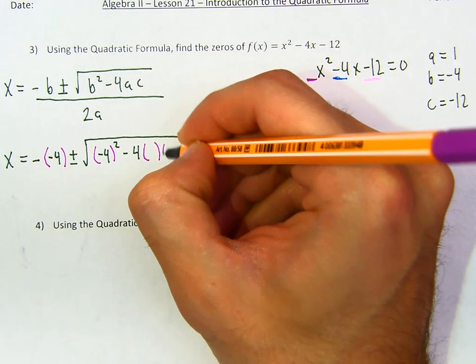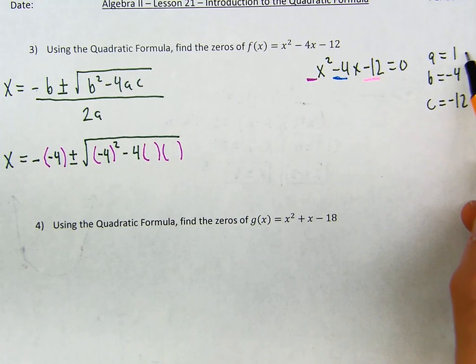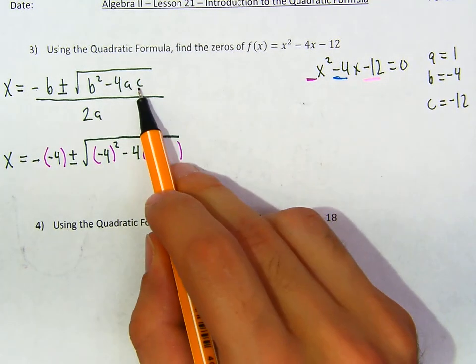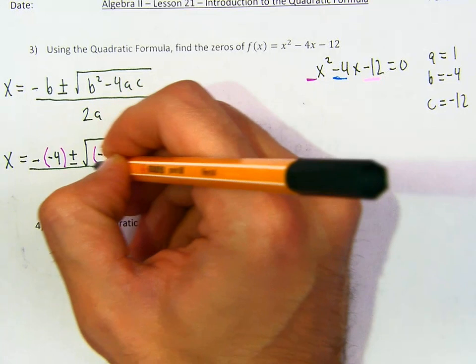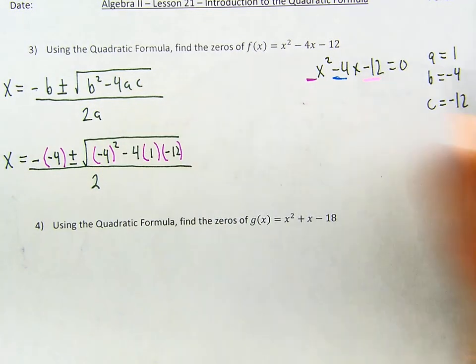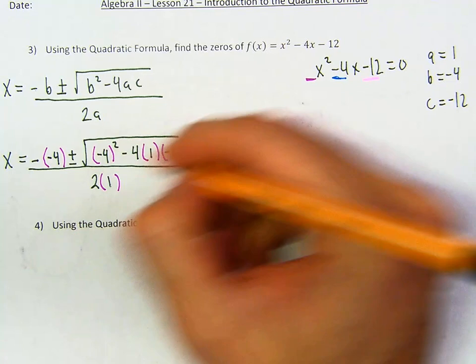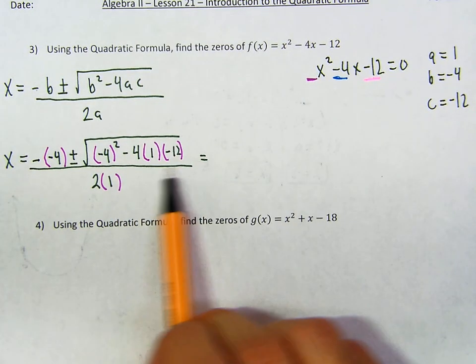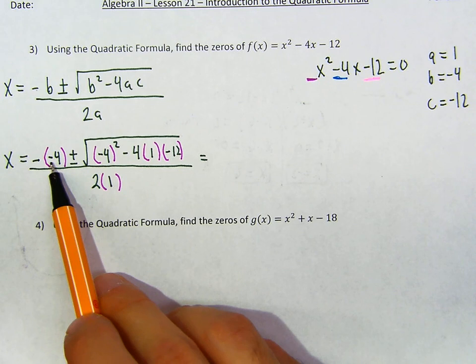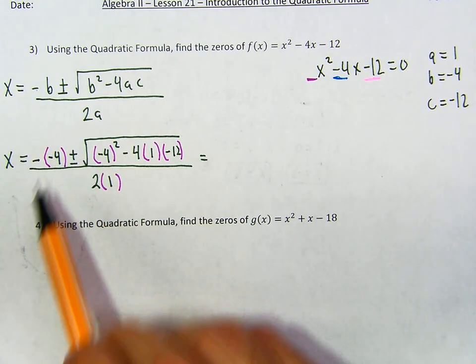Parentheses. So you see, notice the a goes over here, and our a is 1. What's the c value? It's -12, okay? All over 2 times 1, okay? That's the second part of the thing, right? We gotta plug everything in, and take your time. Anytime you substitute a variable, always use parentheses.